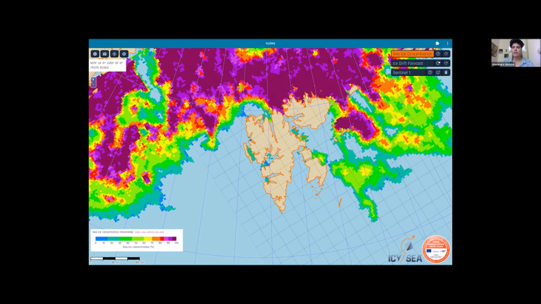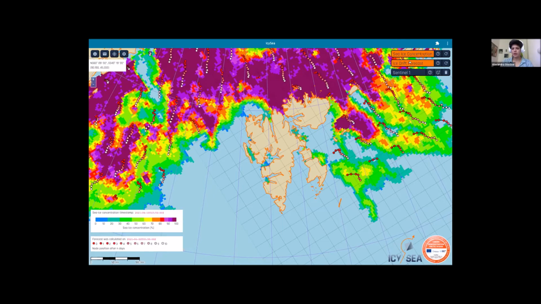And then in addition to this, sorry, I'll just mention now that the sea ice concentration data is updated up to 8 times a day. So really it's the latest sea ice concentration information that navigators can have. We also include the ice drift forecast.